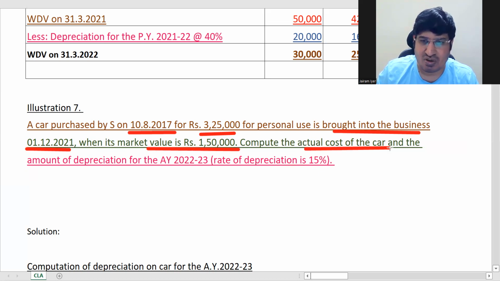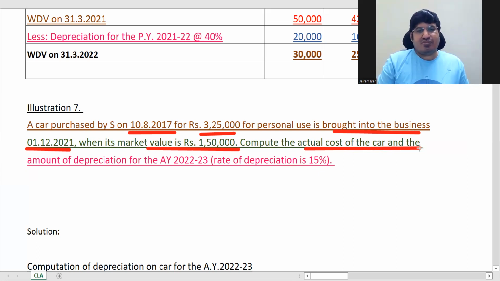Now compute the actual cost of the car. How should we do it? Notional depreciation लेना चाहिए कि what should we do? Should we take notional depreciation or some other procedure?